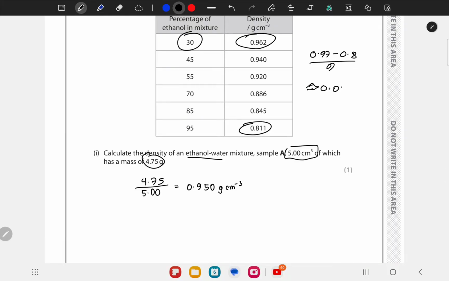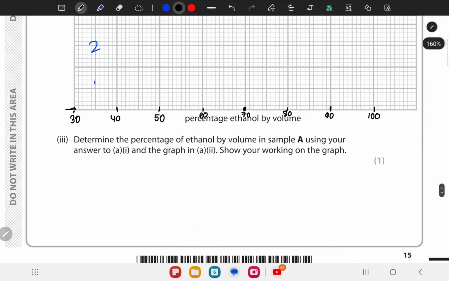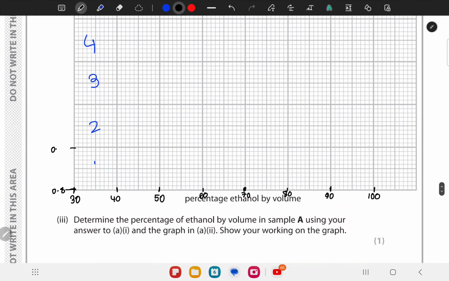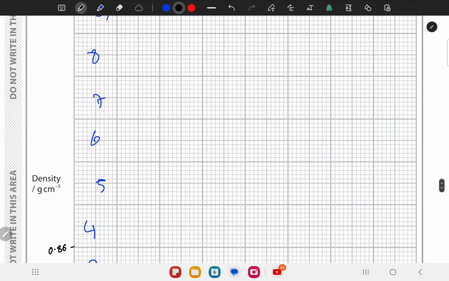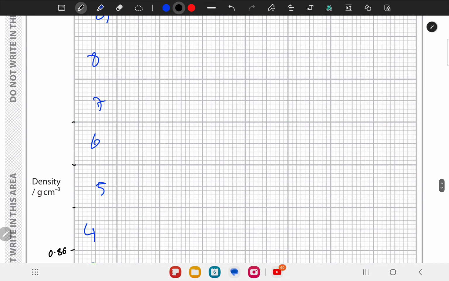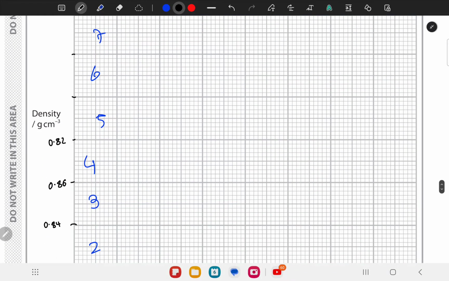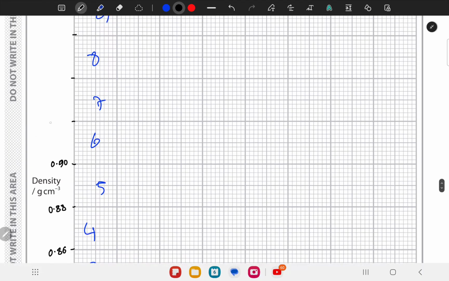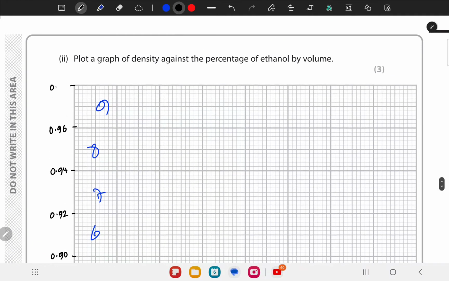So around 0.02 per box, starting from 0.8, 0.82, 0.84, 0.86, 0.88, 0.90, 0.92, 0.94, 0.96 and 0.98.